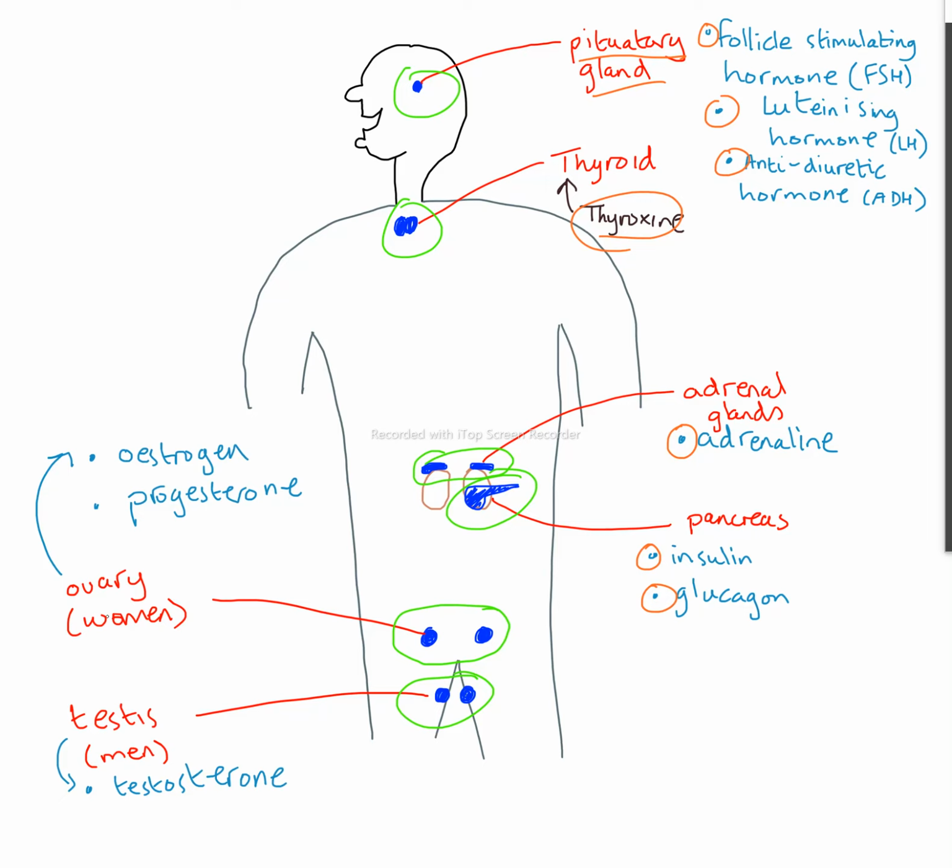For the females, ovaries release estrogen and progesterone. For the males, testes release testosterone, and all these hormones play an important part in your development as a person. Right, okay, that's it for now.